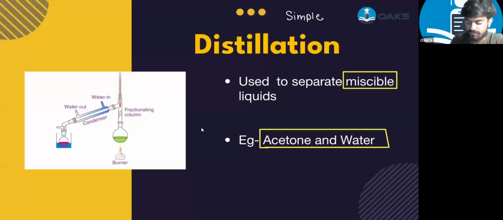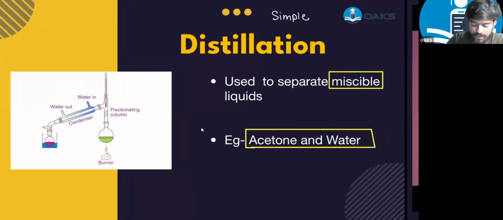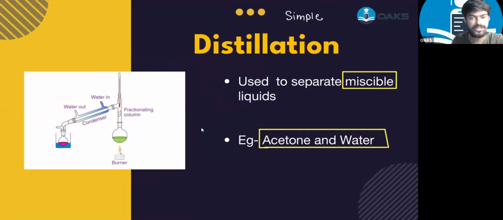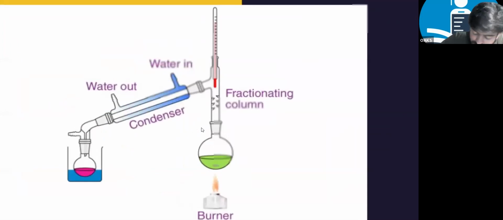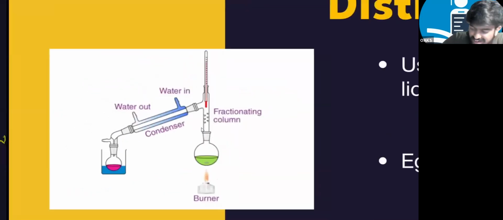Now see, let's get back to the distillation process. So here, what things are we having? Are you able to see this particular thing? Yes or no? Yes, sir. Okay. So this is known as a distillation flask. Yes or no?